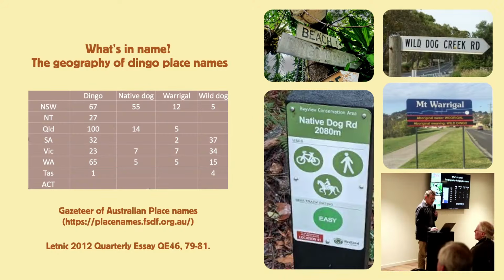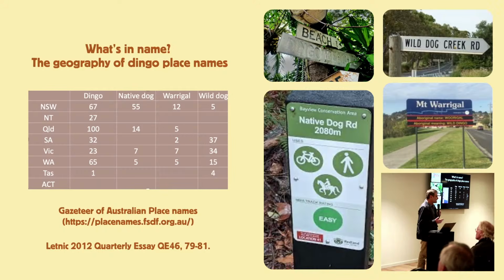But no, what's quite interesting though is that the word dingo is most widely used in New South Wales, Queensland, the Northern Territory, even Western Australia. And the term wild dog is mainly used in South Australia and Victoria, in a trade-off with dingo.